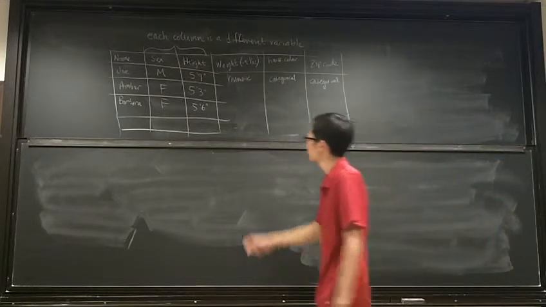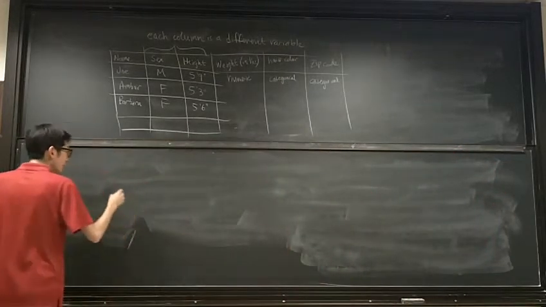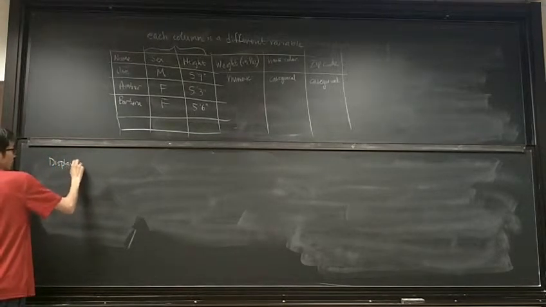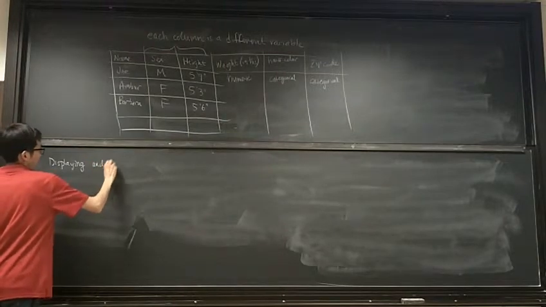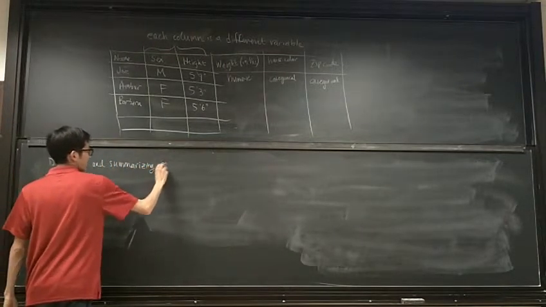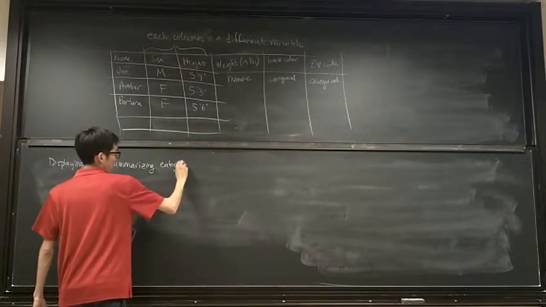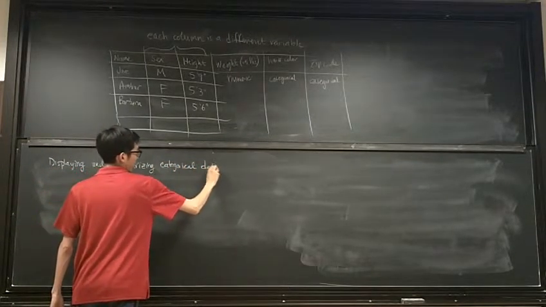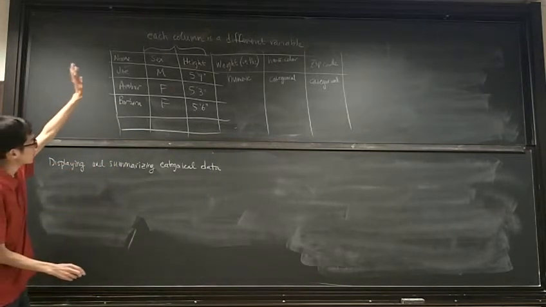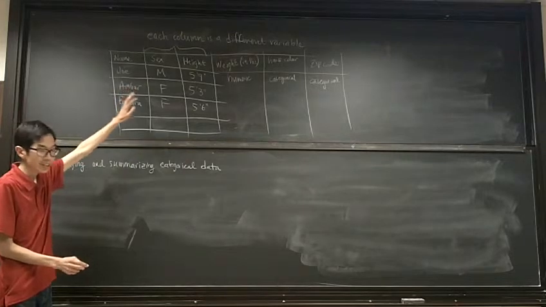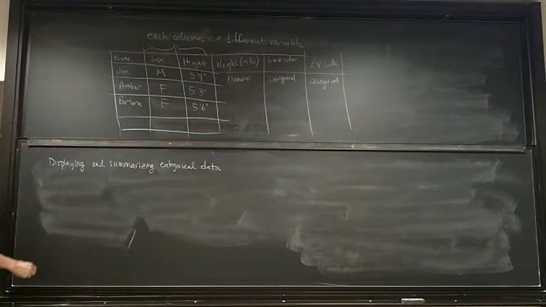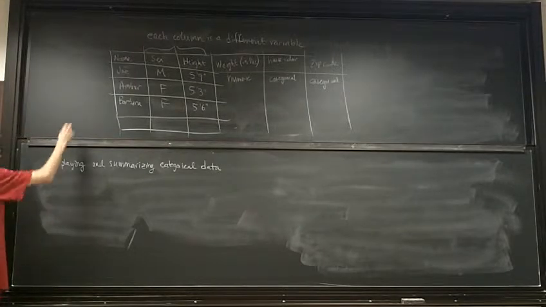If we are going to display and summarize categorical data, okay, so let's say we go through our class and we list off all 30 students or however many there are, okay?